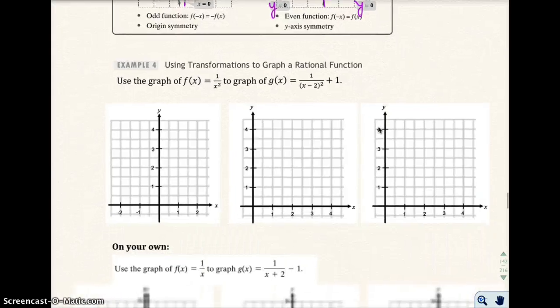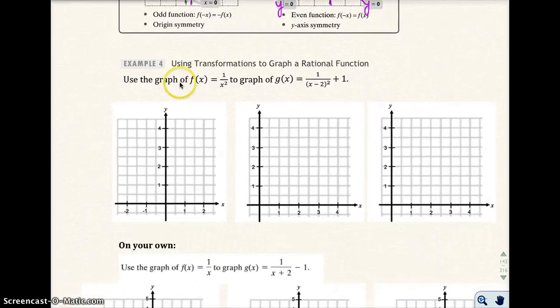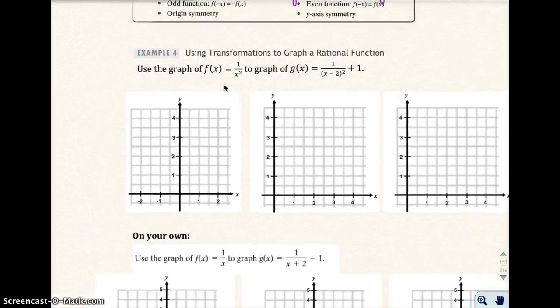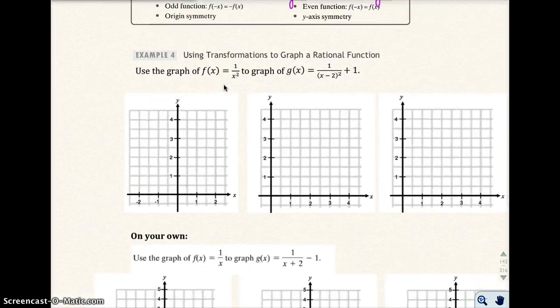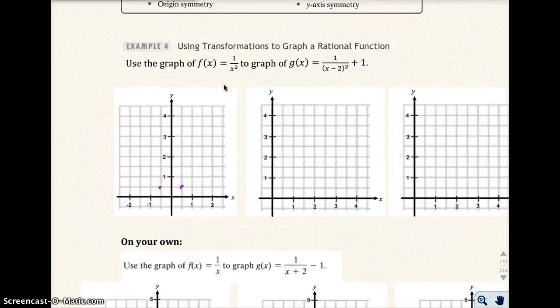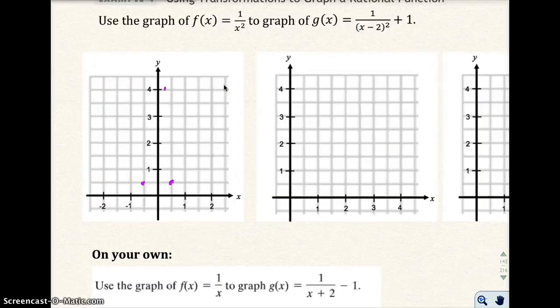So knowing that, if I want you to graph the original function f of x equals 1 over x squared, you should be able to go ahead and plot that pretty quickly. We've got the (1, 1) and the (negative 1, 1), with a half and the 4, with a negative half and the 4, and then we have the (2, 1/4), the (negative 2, 1/4).